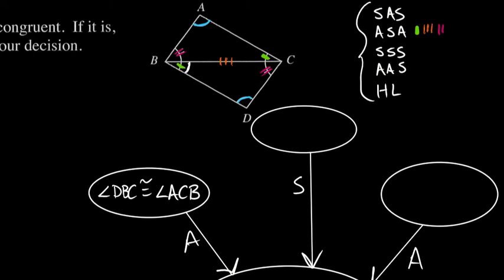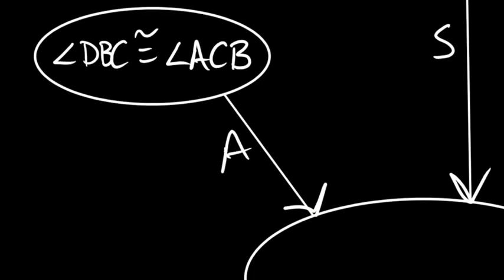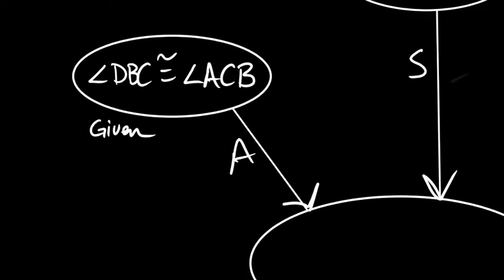The order of those vertices kind of matters. It has to be the case that B is in the center of one and C is in the other. But if you look at those, I think you can understand that those are indeed the angles I'm talking about. Those are the ones that I marked with green. And the reason that those are congruent is because it was just given in the diagram. So we have to have a statement and a reason that supports that statement outside of the bubble.